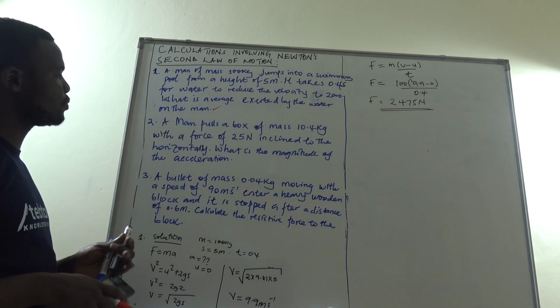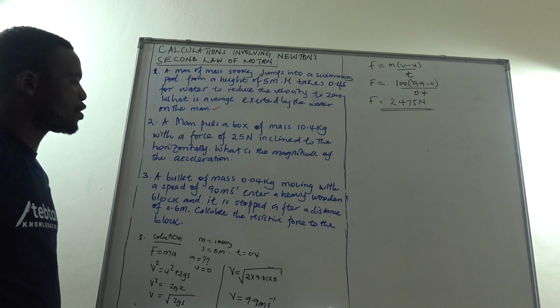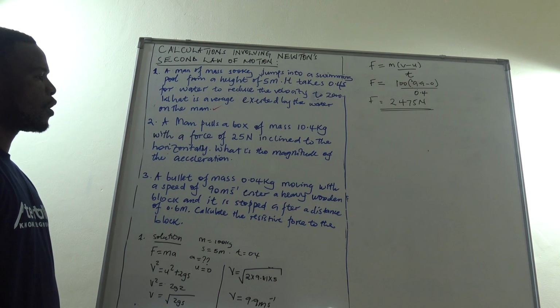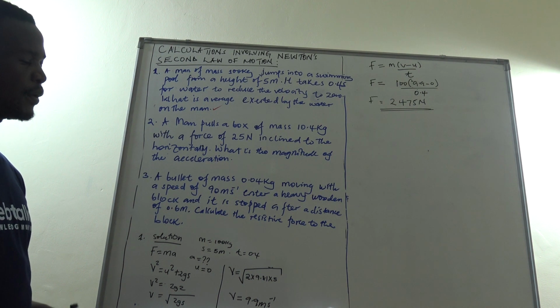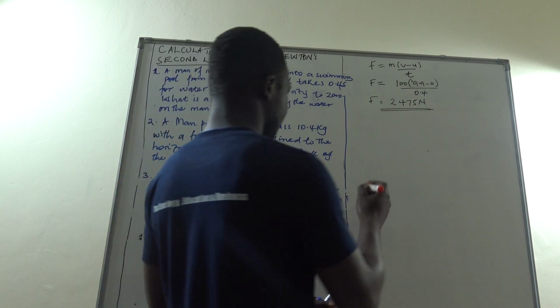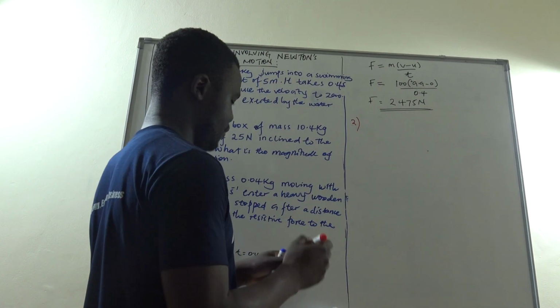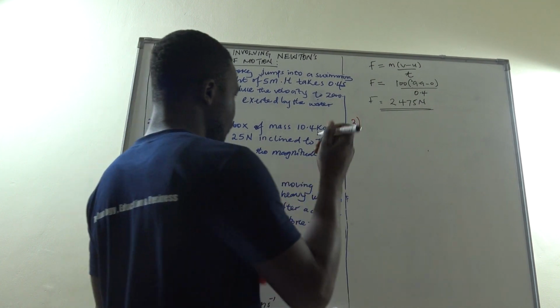They are saying a man pulls a box of mass 10.0 kilograms with a force of 25 newtons inclined to the horizontal. What is the magnitude of his acceleration? So here we are answering question number 2. We are going to begin by sketching our box.